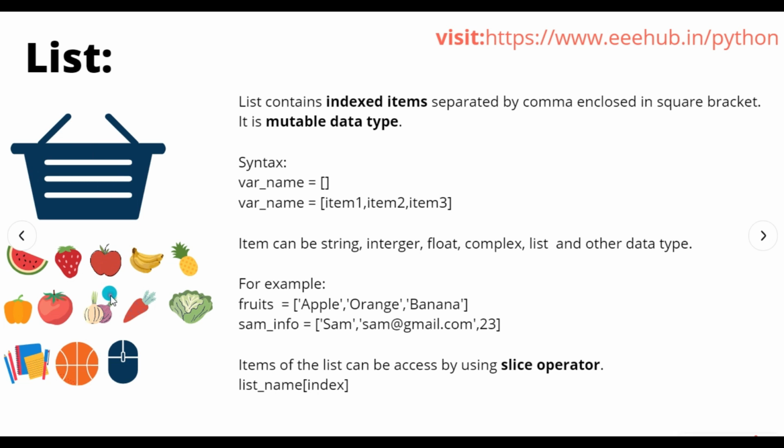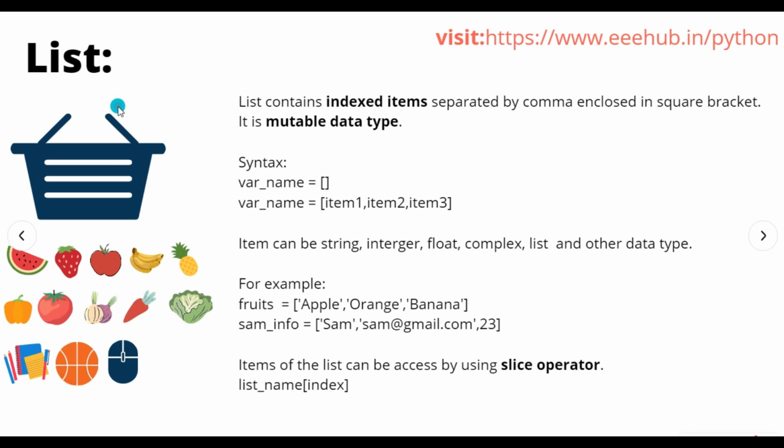It can hold some vegetables, some fruits, some items. So this basket can hold a similar kind of items like fruit, vegetable, or some items, or it can hold a different kind of item.